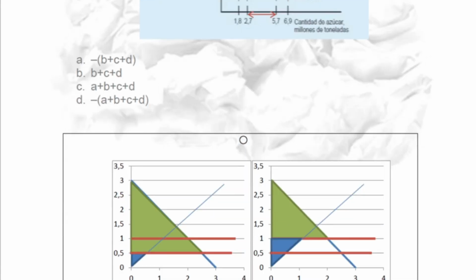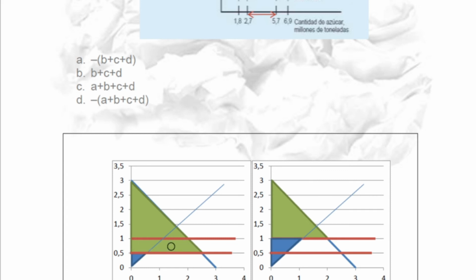Consumers at the beginning had this green area as consumer surplus, and after this policy it is reduced to this area, so they lost all this green part here.